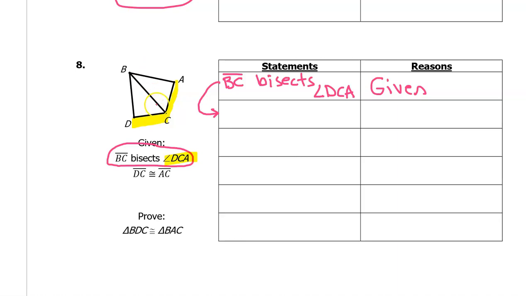So that means this angle is going to be cut into two smaller congruent angles. So these are the angles that we will name next. You must use the 3-letter name. For example, angle DCB is congruent to angle ACB.